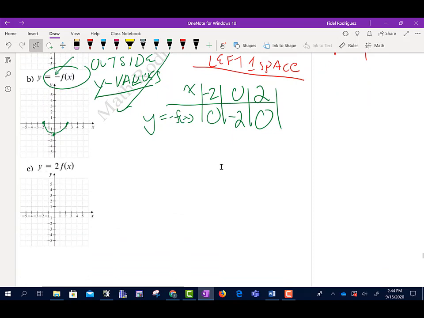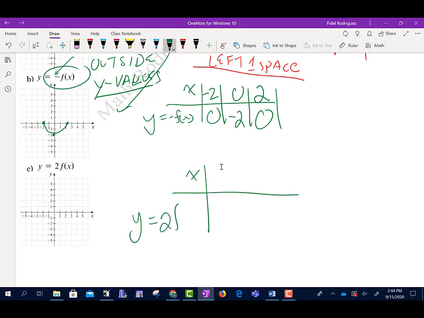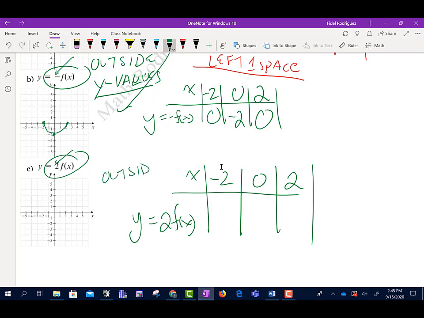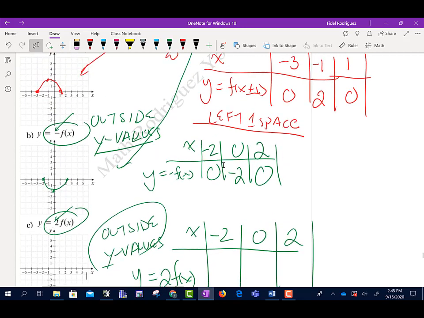All right. And we have a part C. My x values are not going to change, so our x values were originally negative 2, 0, and 2. My y values, since this is on the outside, I'm changing my y values. I'm going to go to my original y values. Let me scroll back up.